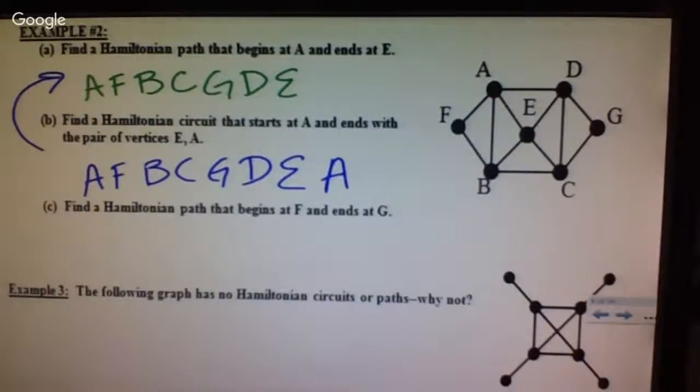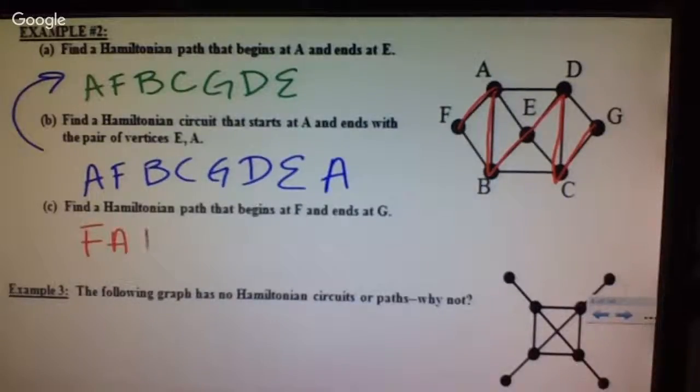What about a Hamiltonian path that begins at F and ends at G? F, A, B, F, A, D, B, oh, sorry. My bad. B, E, D, I can see that. C, then G. Okay?